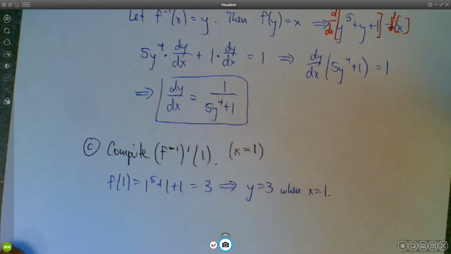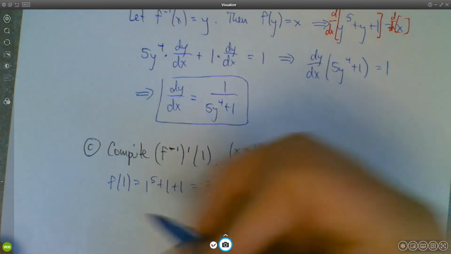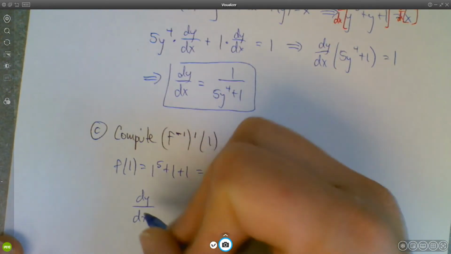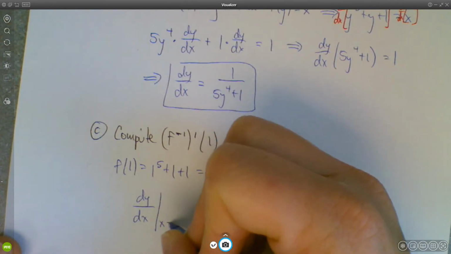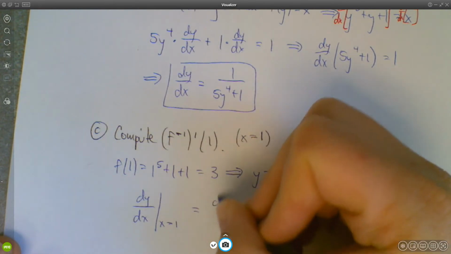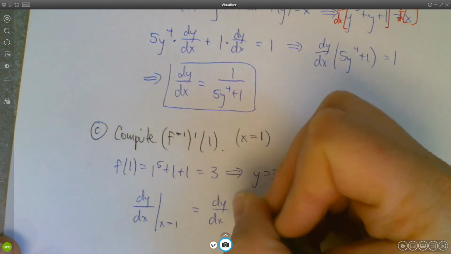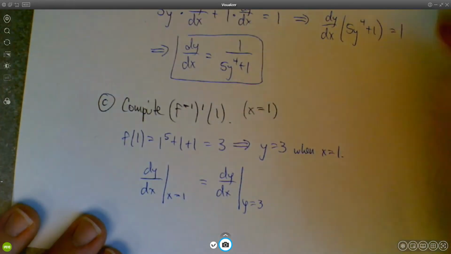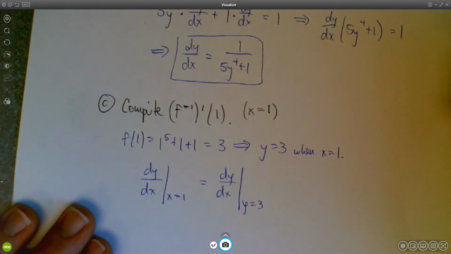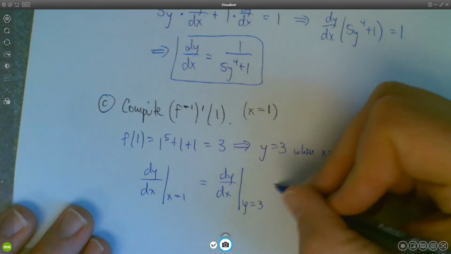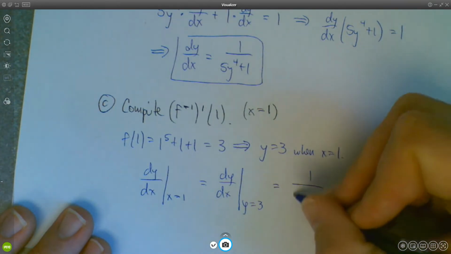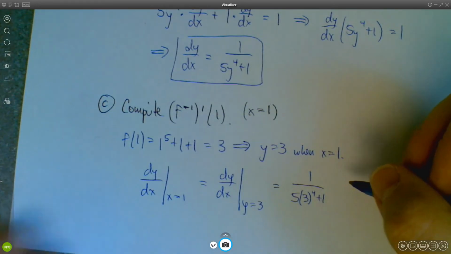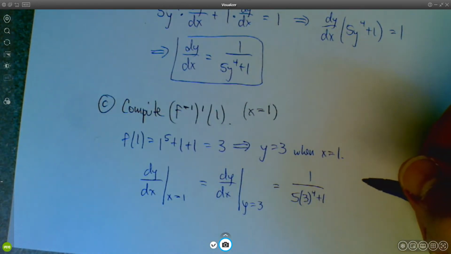In other words, I think maybe a better notation is to say it like this: dy/dx evaluated at x equals 1 equals dy/dx evaluated at y equals 3. Okay? That's really the key. And then that's going to be 1 over (5 times 3 to the fourth plus 1). Whatever that ends up being.